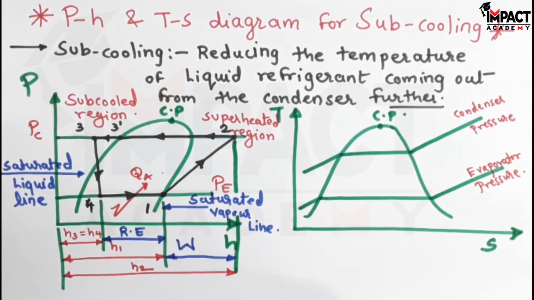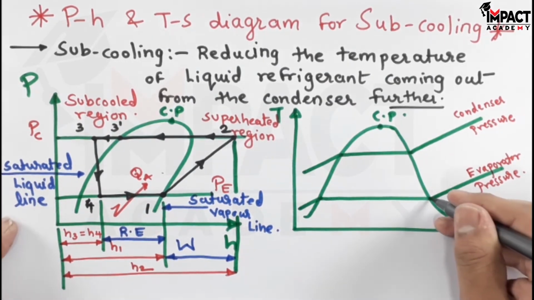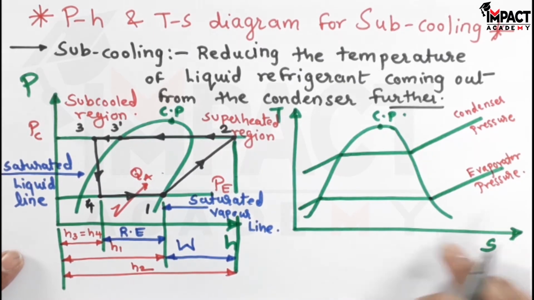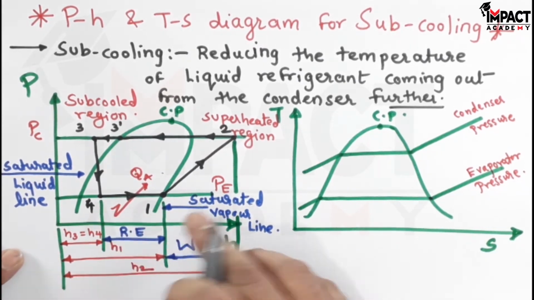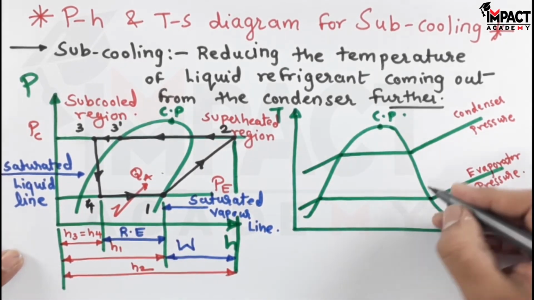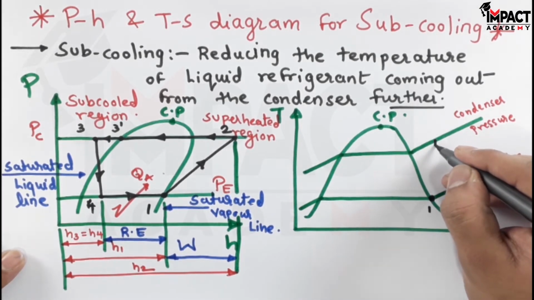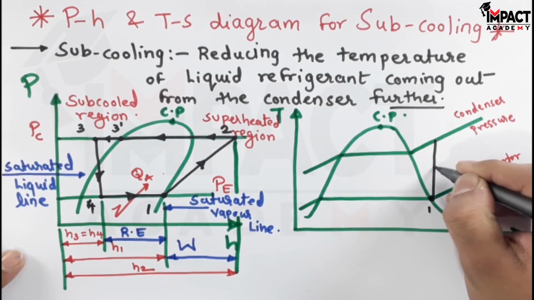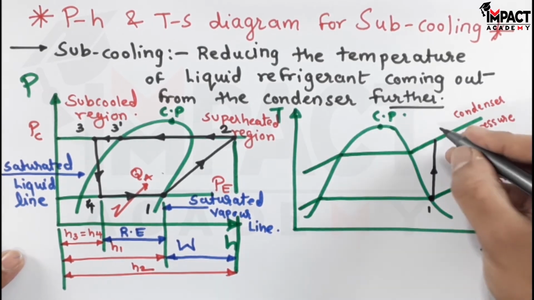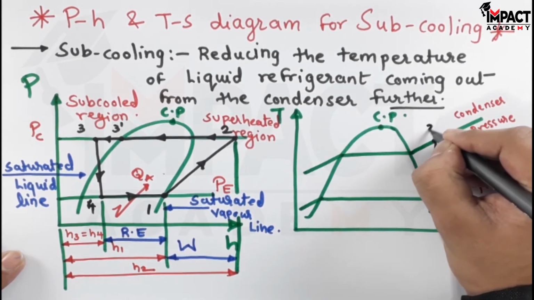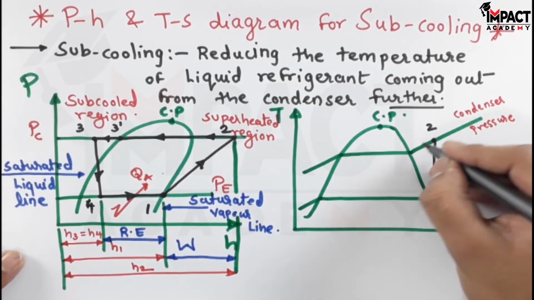Now point 1 is on the dry line, though I am assuming it can even be in the wet region. The inlet condition is not specified, so this would be point 1. There is isentropic compression. The temperature and pressure increase from point 1 to point 2. It goes into the superheated region.